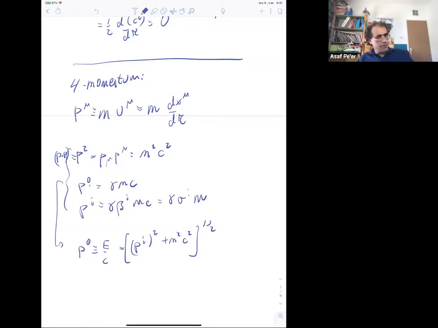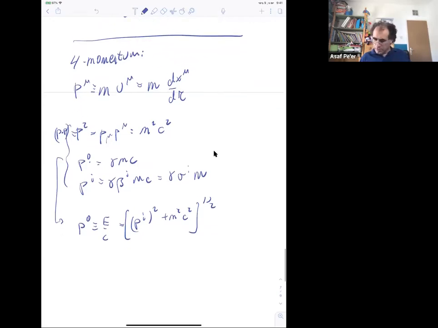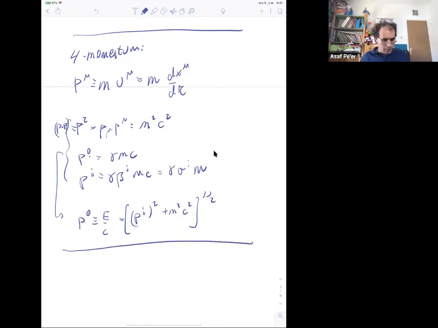Okay, I'm skipping some parts because we are sort of running out of time. And it's really cool, but it's not that crucial for particle physics. So there are some things here about photons, etc., but the idea is the same. Any questions?